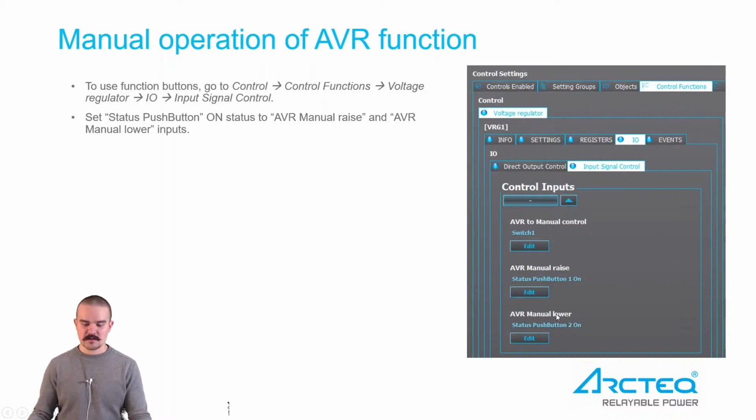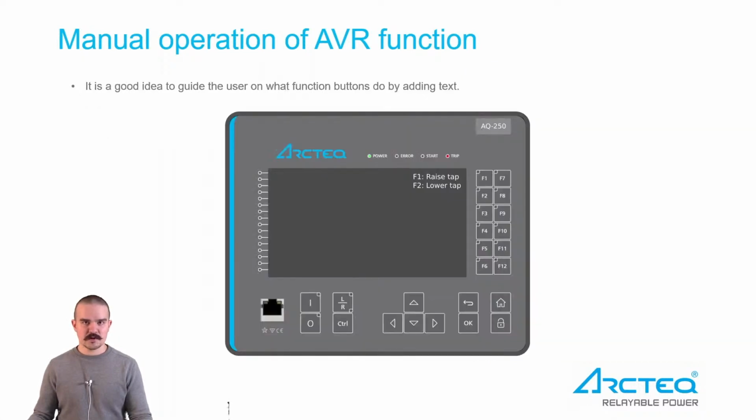And to these, you choose status push button 1, 2, 3, 4, 5, whichever you want to connect to that. Choose the on signal. Then it's a good idea to guide the user on what buttons do by adding text to the mimic view.